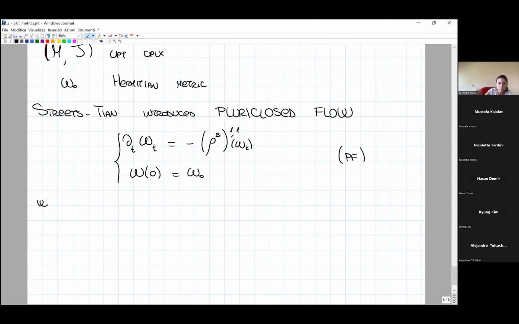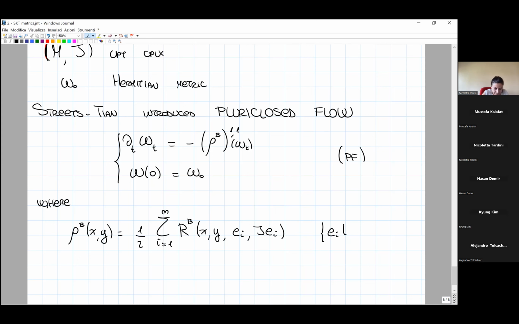So what is this object, this rho? We have rho b of x, y is defined as one half sum for i from 1 to n of Rb of x, y, e_i, J e_i, where e_i is an orthonormal local frame of TM.